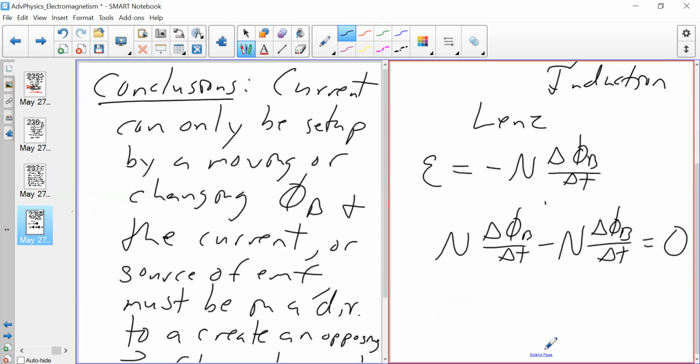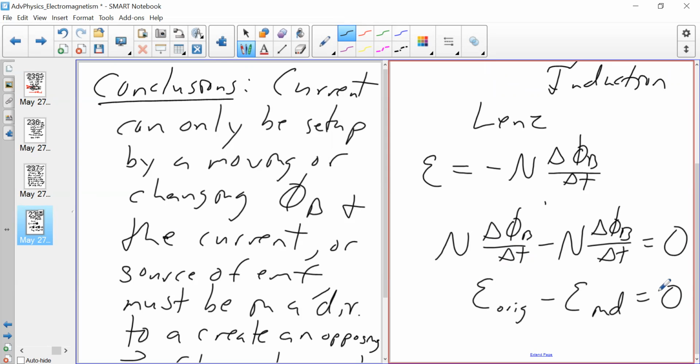So the sum of the changes, so we can say, well, E original minus E induced is equal to 0. So we have a conservation of energy, basically. So when we do this, obviously, it's a net result of 0. This results in a net of 0.